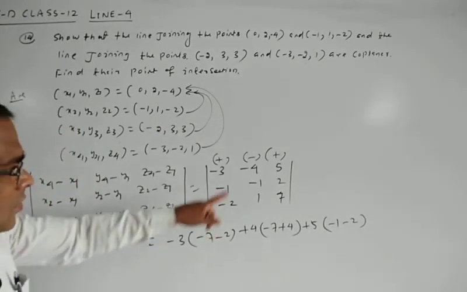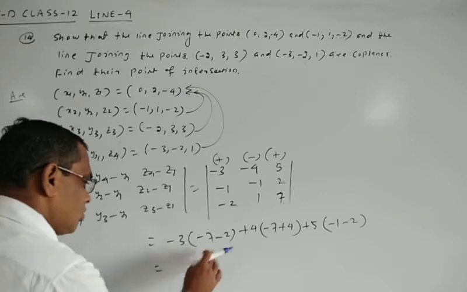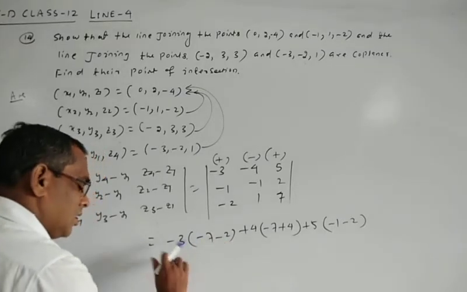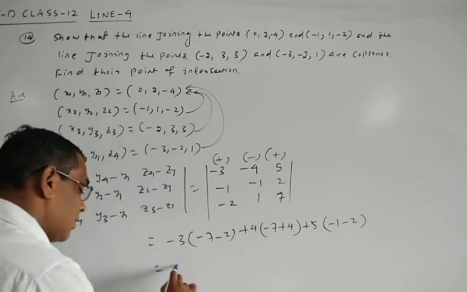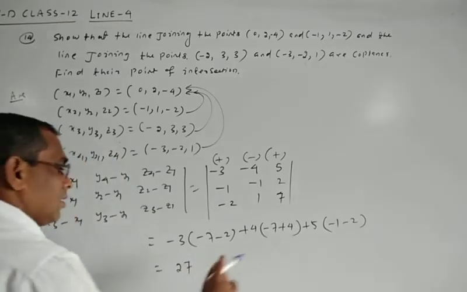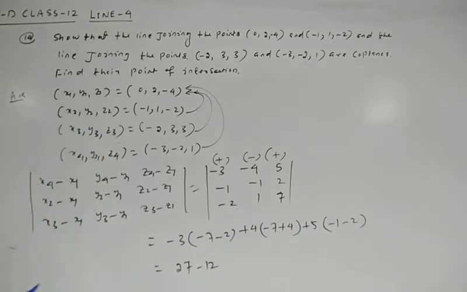So plus 5 into minus 1 minus 2, so this is equal to minus 9, here minus 3, so minus 9 into minus 3 is 27. Here minus 3 into plus 4 is minus 12 because minus 7 plus 4 is minus 3. Here minus 3.